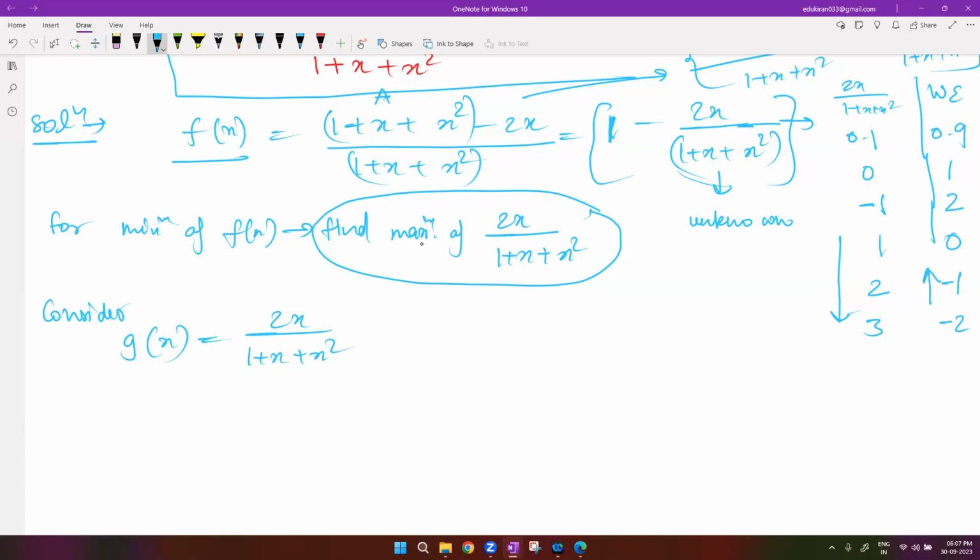Now we want to find its maximum. So how do we do that? First, for maximum, put g dash x equals 0, right? So for that, first find g dash x. What will be your g dash x?